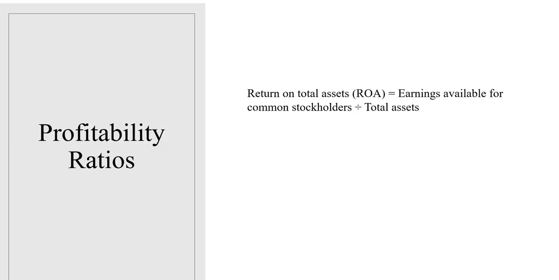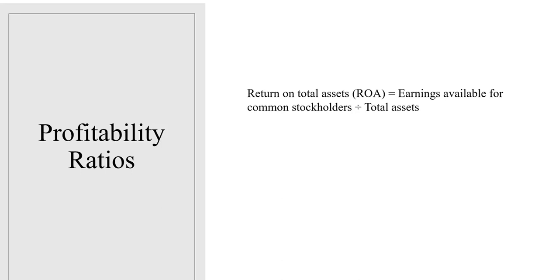Return on assets. This is earnings available for common stockholders divided by total assets. Basically, this number allows us to see how efficiently a company is using their assets to generate a profit.